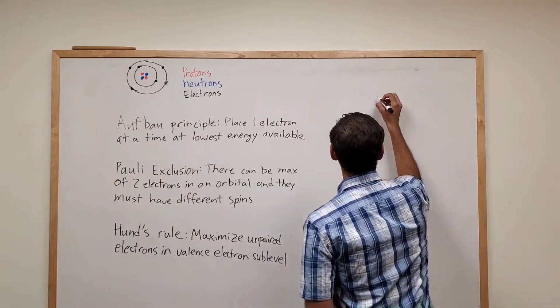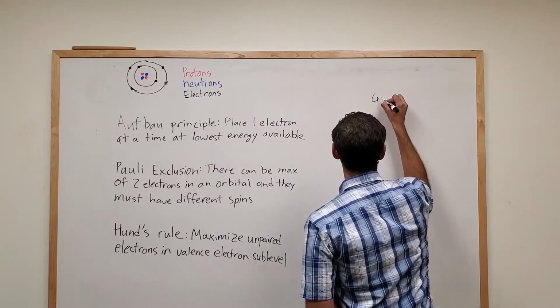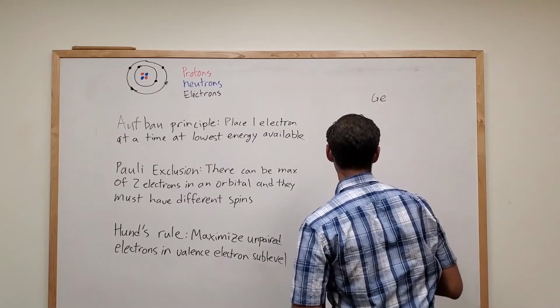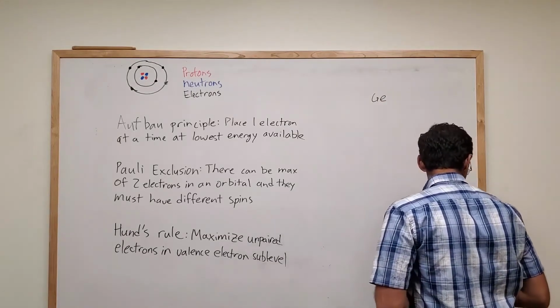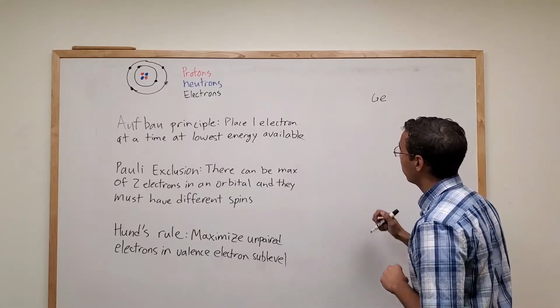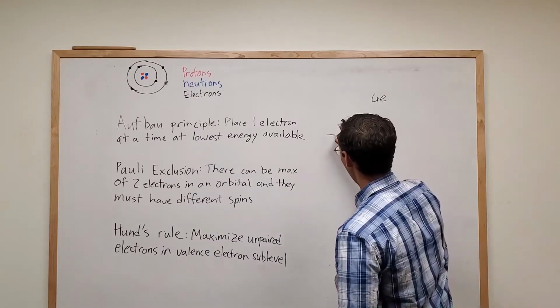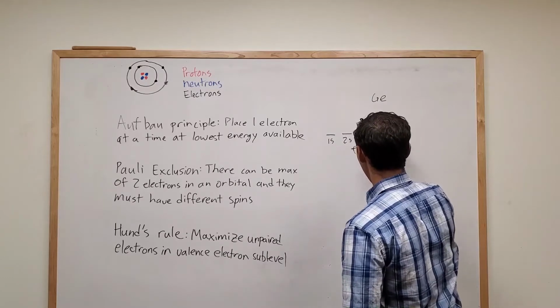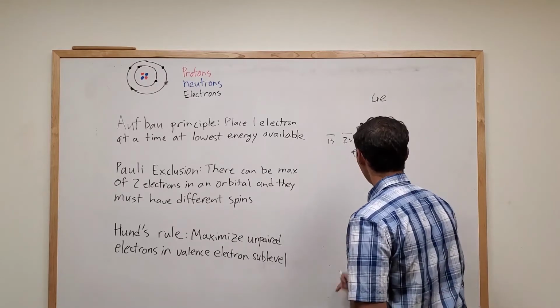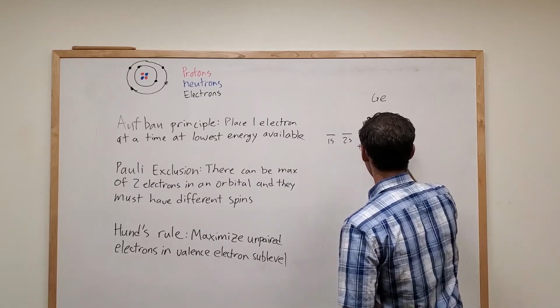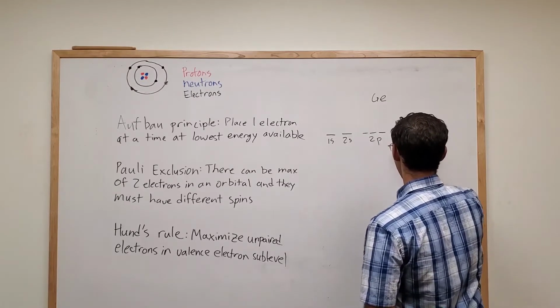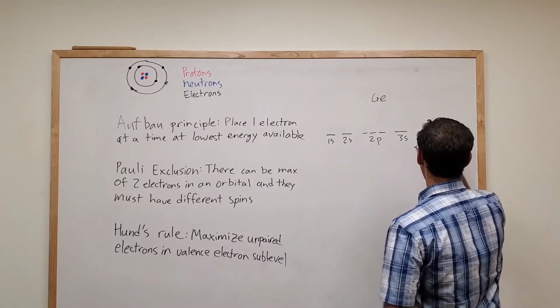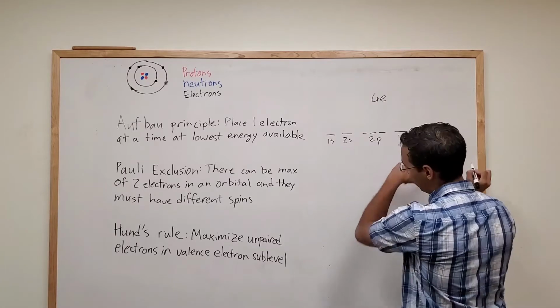We're going to do germanium. So we know we're going to have the 1s, 2s, and 2p orbitals. And we'll go back to the 3s orbital, and then we'll do the 3p, and then we'll wrap around down here.